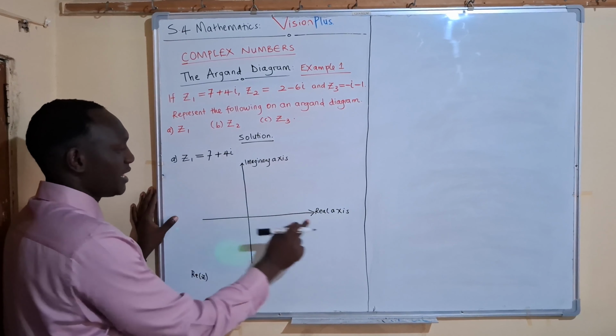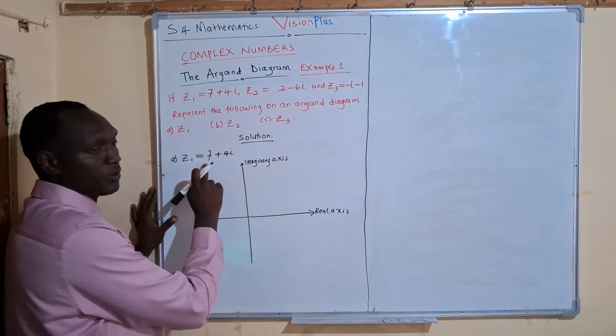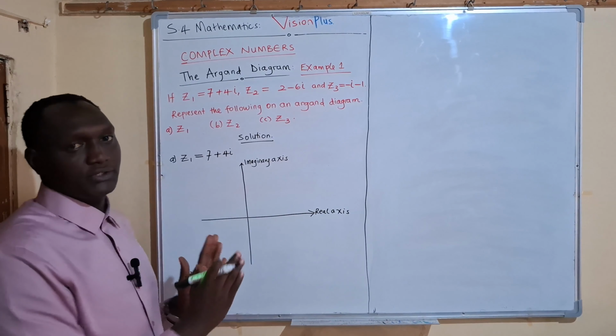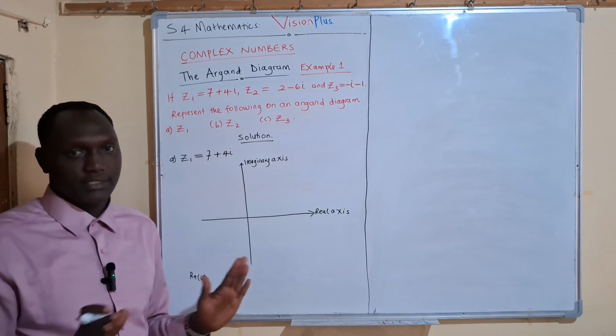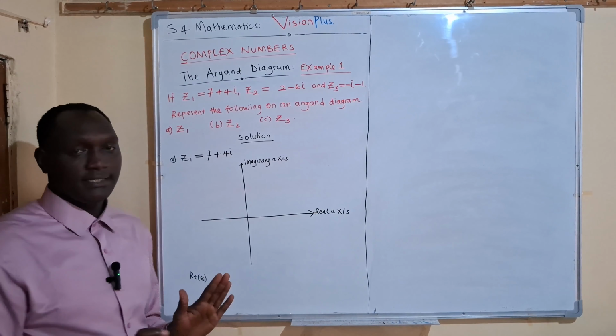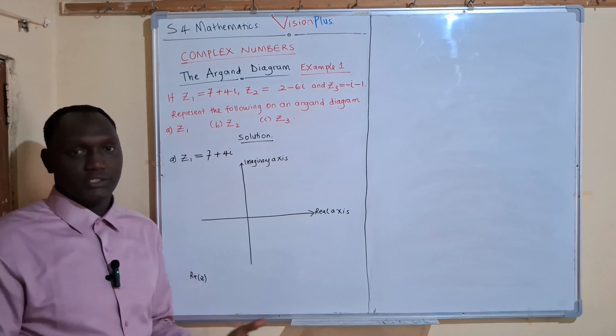That means on the real part here, we need to locate 7. Our representation on the Argand diagram is not accurate. It is just an illustration.